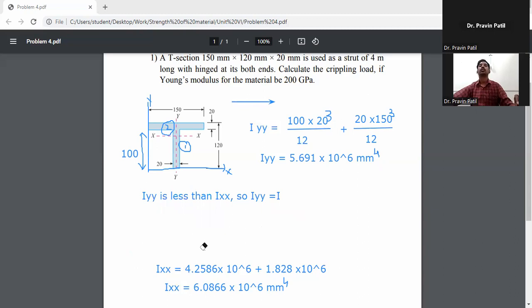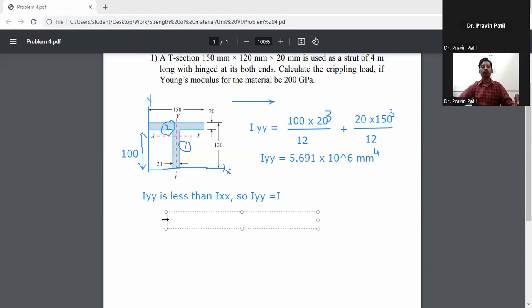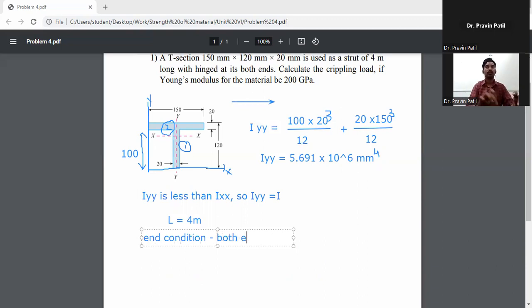The next one is what is given. Length of the column is given as 4 meter. L is equal to 4 meter. The boundary end condition is given, both ends hinged.